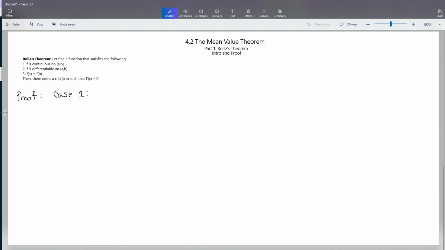Now, in this first case, we know that the 2 endpoints are equal, but it's possible that this function is just a constant function.